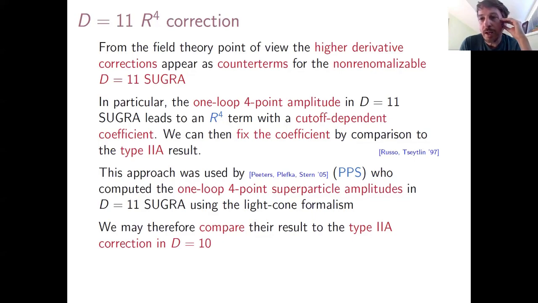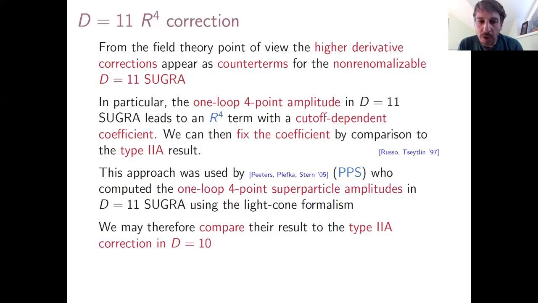So another way of thinking of it is that you should take a specific cutoff in 11 dimensions so that you find a result that matches with the type 2A result. And this approach was used by Peters, Plefka, and Stern in 2005. And they computed the one-loop 4-point superparticle amplitudes in 11-dimensional supergravity using a certain light cone formalism.